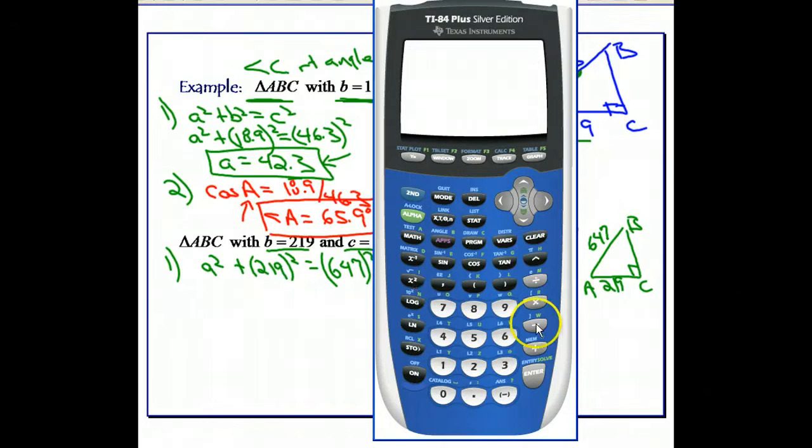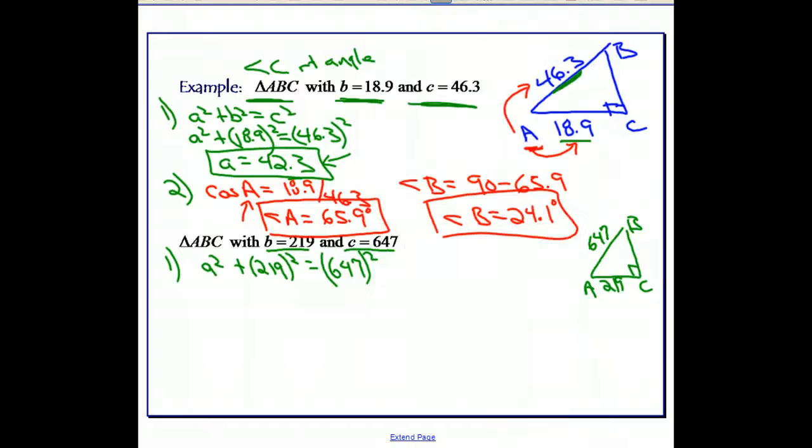We'll take off the 219 squared. Got this answer. And now let's not forget the square root. So second square root of our answer. Oops, didn't really need that parenthesis there, did I? So square root. And we get 609 for side A. So let's keep track of that. So side A is 609.